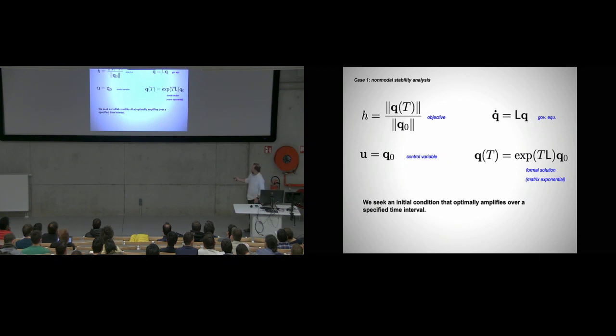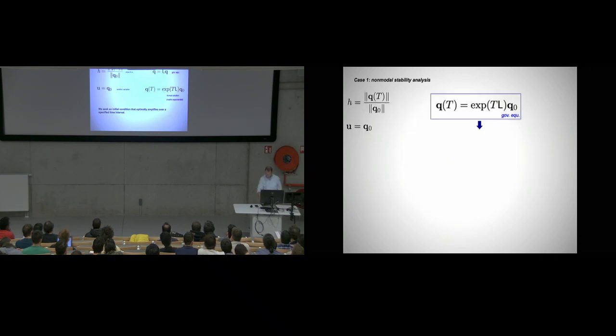Okay. So now my iterative scheme is actually not iterative anymore because I have a direct map. Okay? So my forward integration, my governing equation, is now just an algebraic map between my initial condition and what comes out at the end of the integration. But I don't integrate, I just map. Okay?